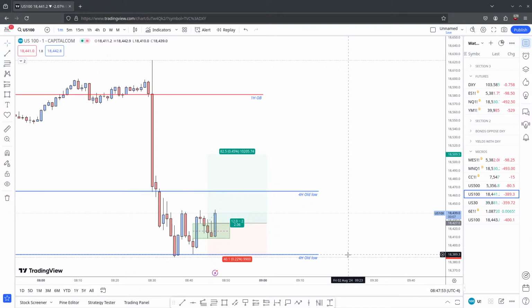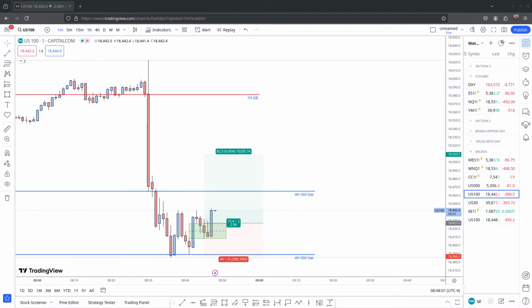Looking good. Looks good so far. This order block would now be confirmed. Would now be a valid order block here.